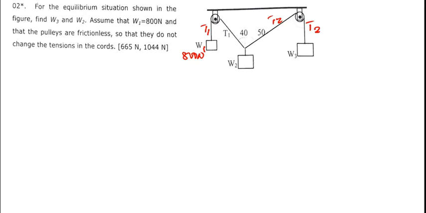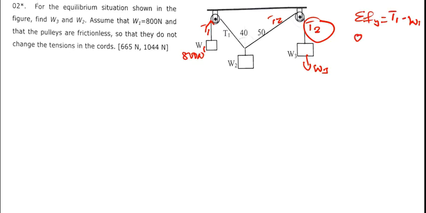So if I find T2, that would mean I have also found W3, because what I mean here is, for just this part here, the summation of forces in the y direction, since it's not moving, I have T1 pointing upward minus W1.